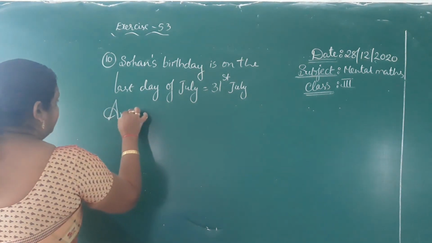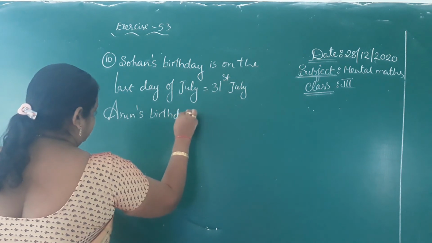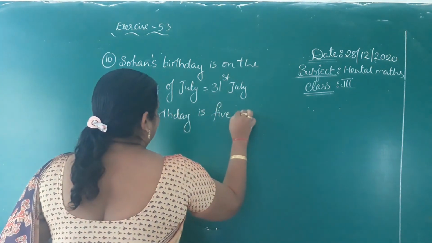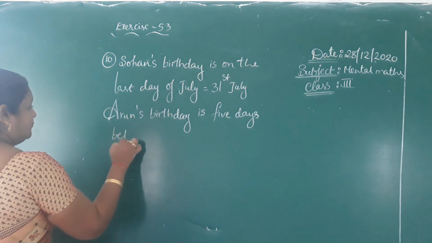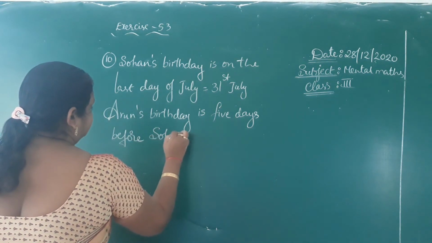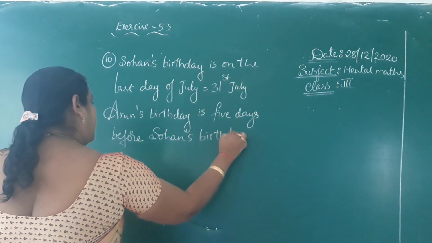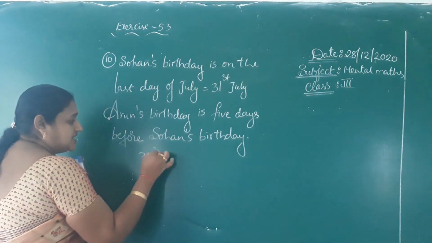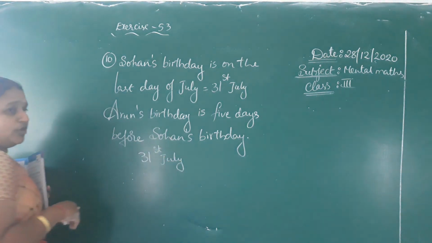Next person by name Arun's birthday is 5 days before Sohan's birthday. That means 31st July, before 5 days.